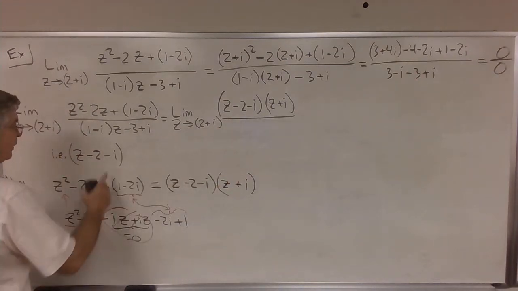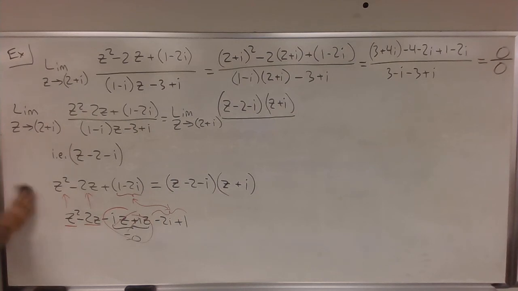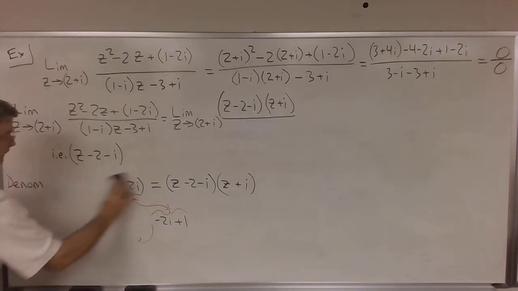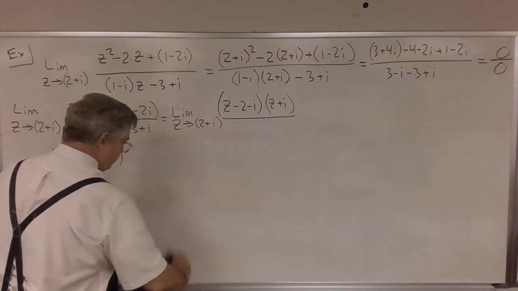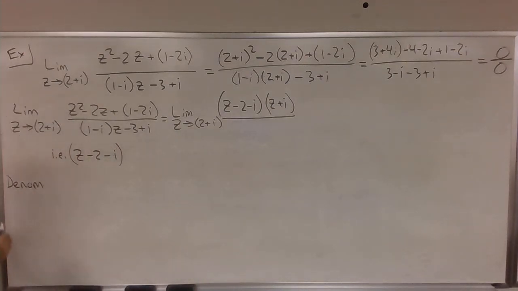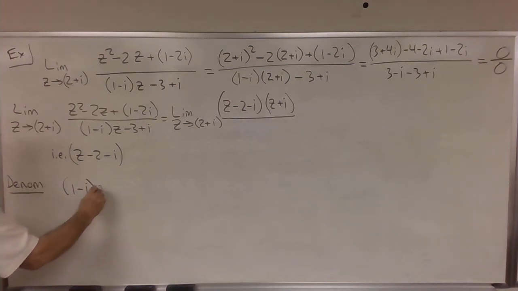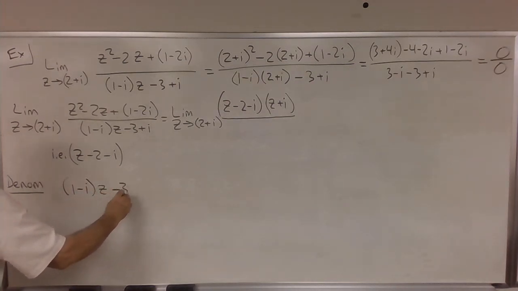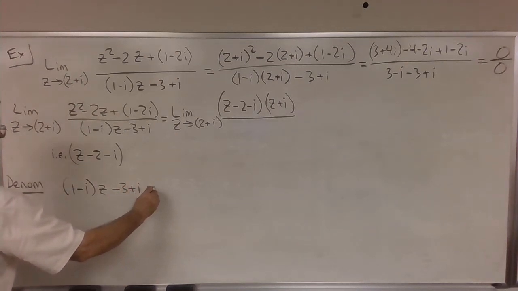Now, this thing is also a factor of the bottom. So I'll write denominator. And my denominator, wow, is this really my denominator? Okay. 1 minus i times z minus 3 plus i.